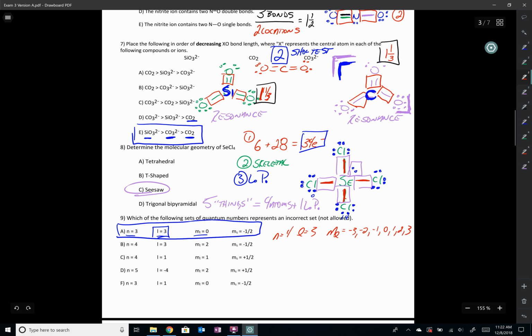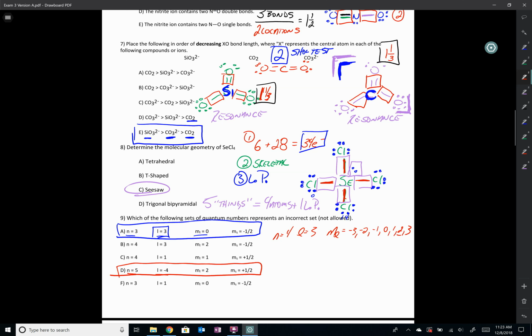And we have a value of M sub L equal to 2, which is part of our valid set. So no problems with B. No problems with C either. And we get down to D, where we have n equal 5 and L equal negative 4. L can never equal a negative number, no such thing. So those are the 2 acceptable answers there.